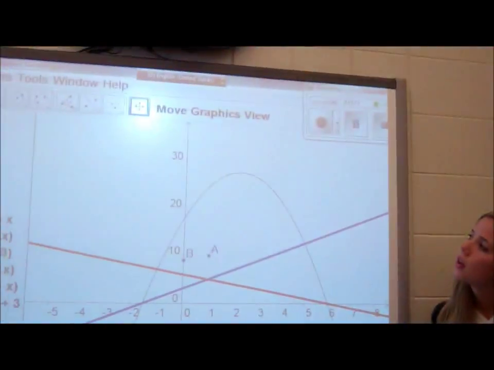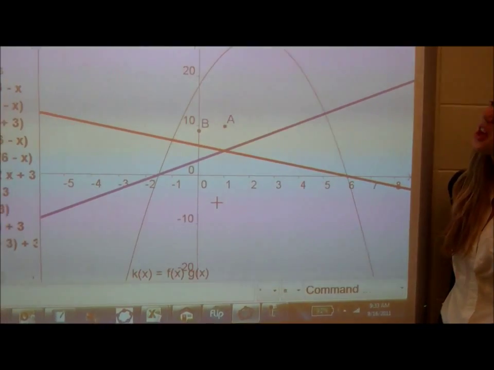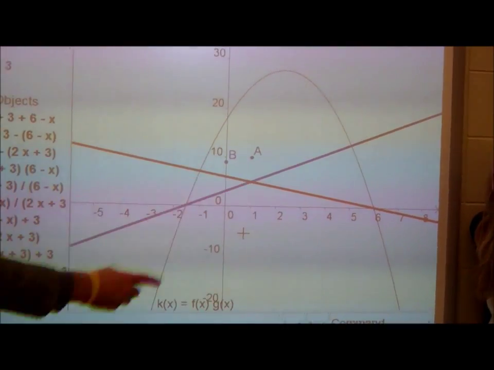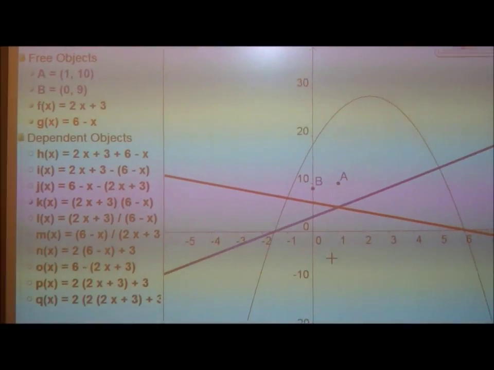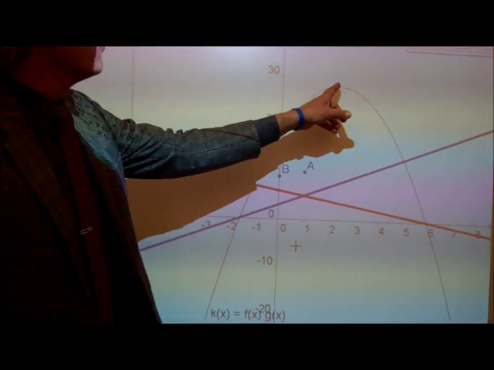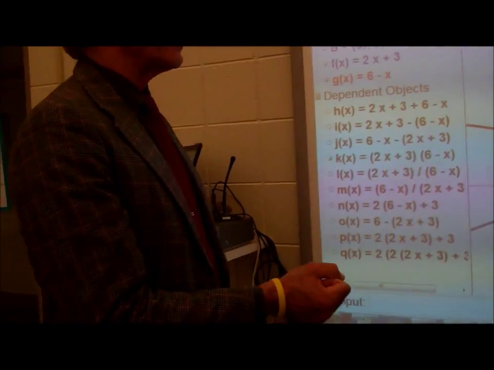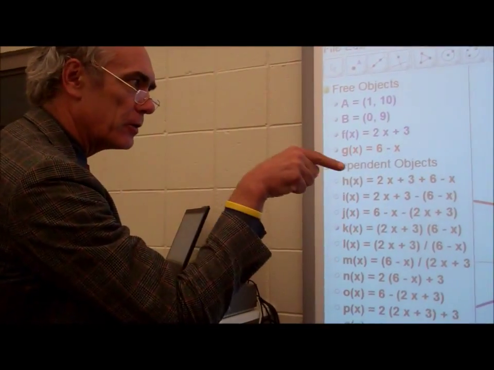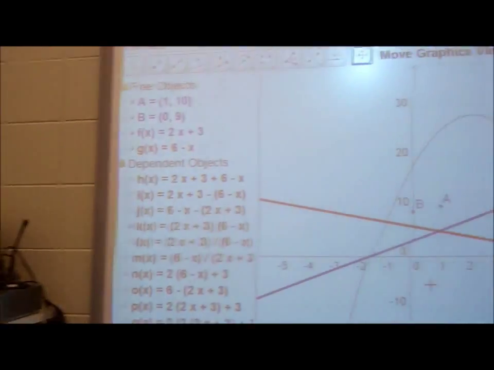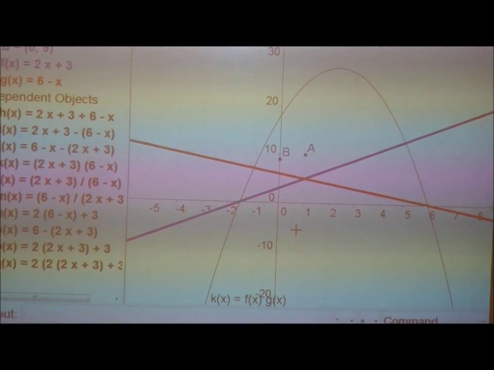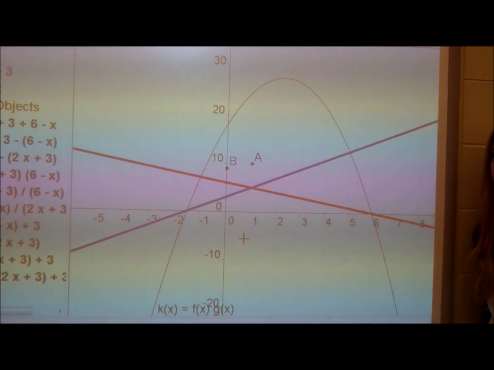How about the peak? Where's the peak? It's not where these two cross. But how do you find out where this peaks? It's at the maximum, you use max on your calculator. How about if you're just looking at this picture, what are two things that can help you figure it out? Estimation.